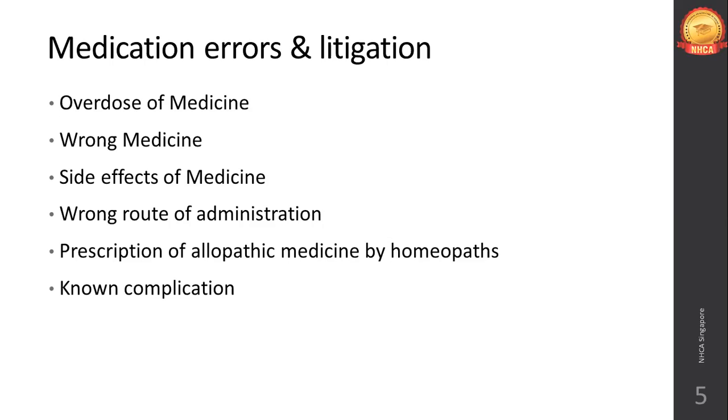Doctors gave all the symptomatic management to the woman for as long as she was admitted. But if a well-known complication takes place because of the medication, that is not a strong foundation to file a case or punish the doctors. So these are the areas where medication errors and litigations take place.